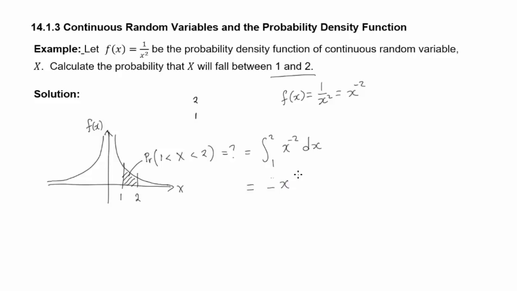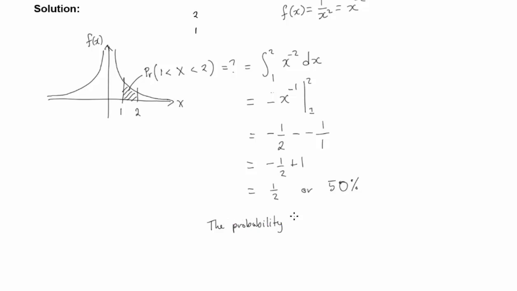That will be negative x to the negative 1 evaluated from x equals 1 to x equals 2, which is negative 1 over 2 minus negative 1 over 1, which equals negative 1/2 plus 1, which equals 1/2, or 50%. So the probability that the random variable x will fall between 1 and 2 is 50%.